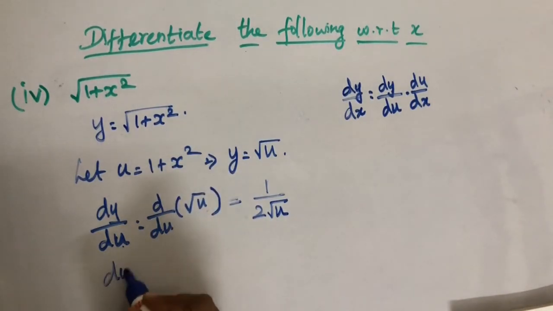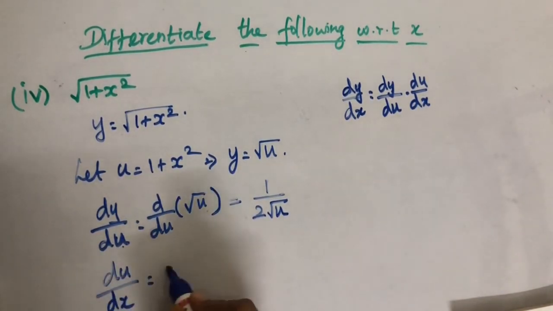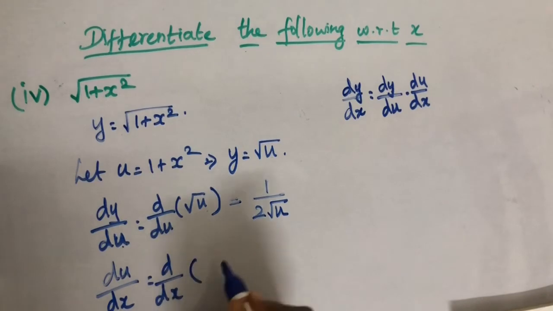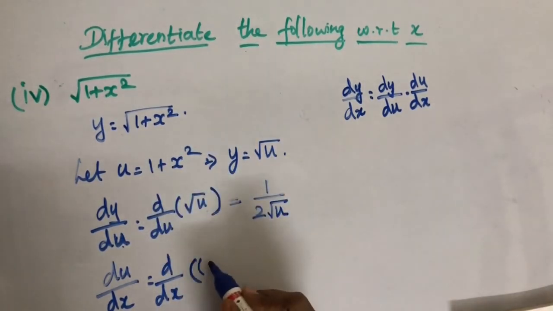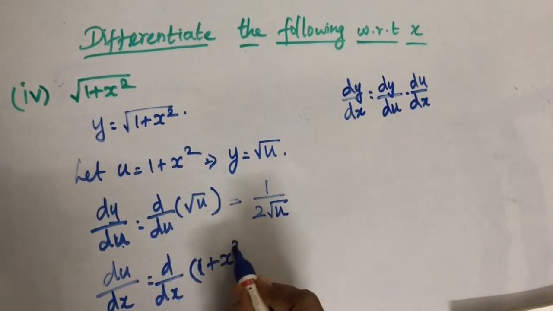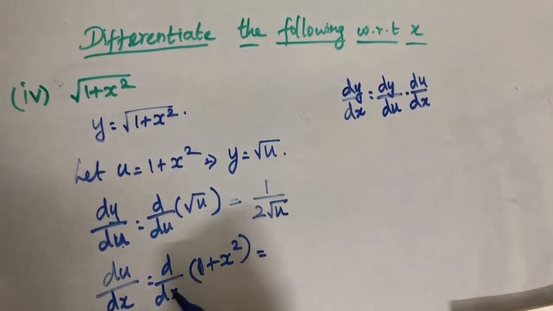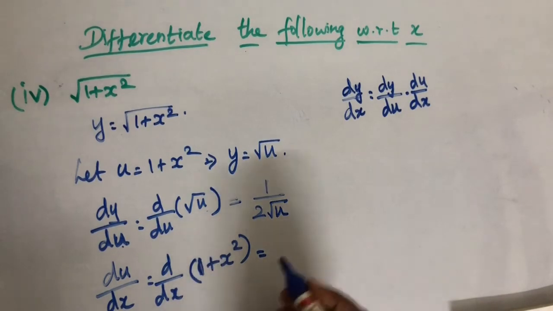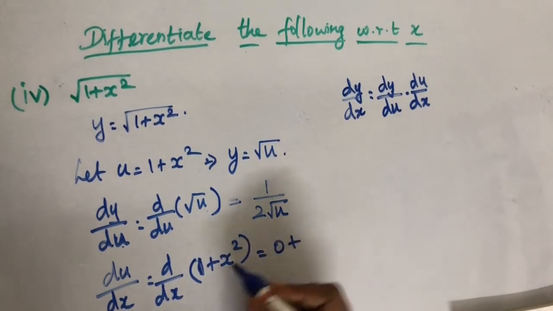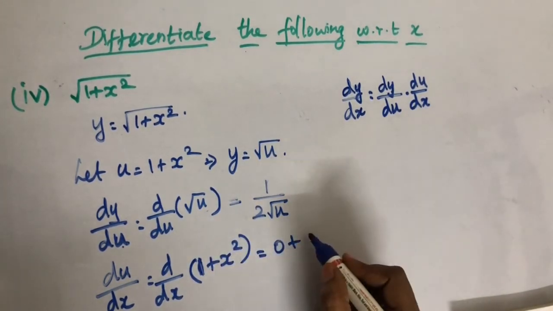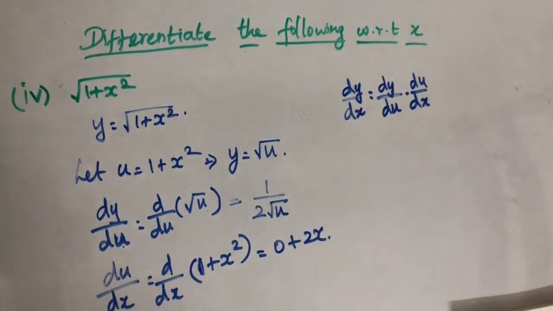Now we have to find du by dx. That is d by dx of u. What is our u? 1 plus x square. First we have to differentiate 1 with respect to x. It is a constant, so it is 0. Plus, what is the differentiation of x square? It is 2x. Okay.